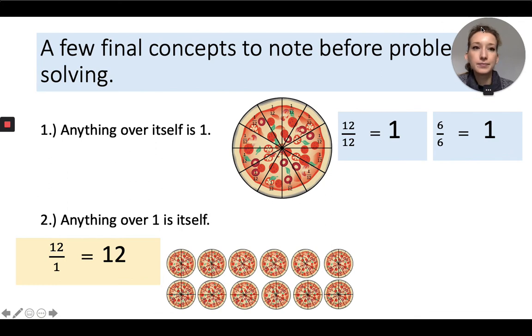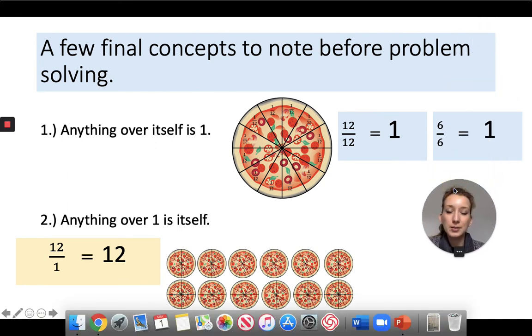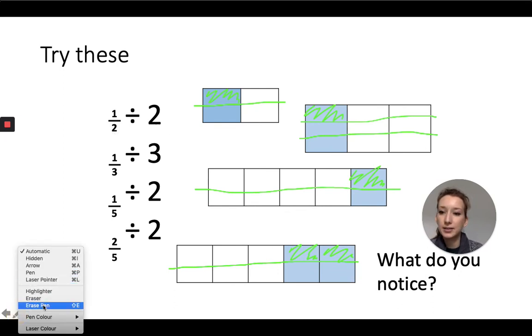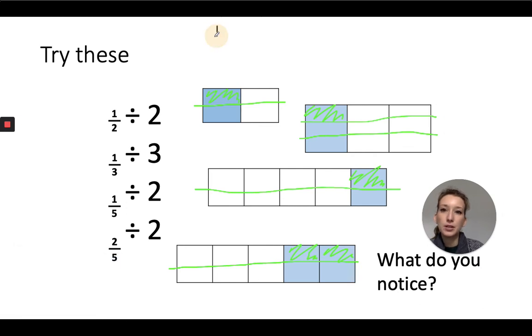Okay. Right, a few final concepts to note when you're doing these procedures, which sometimes the children can be a bit thrown by. So anything over itself is 1. So one of the previous slides that we looked at, say for example this one. So if we were doing half divided by 2 procedurally, it still works because, so if we did 1/2 divided by 2, now any whole number converted to a fraction is 2 whole ones.